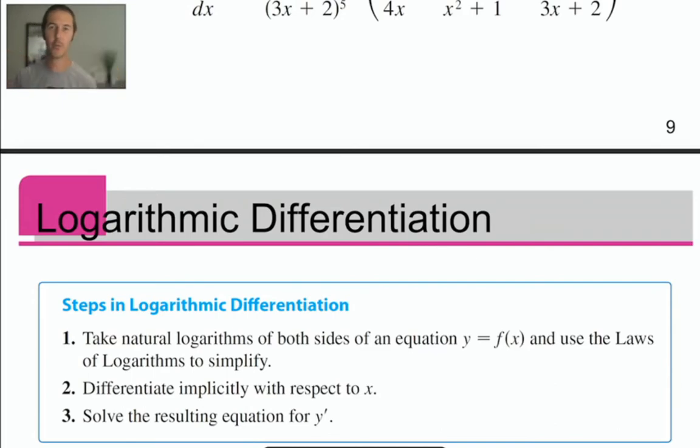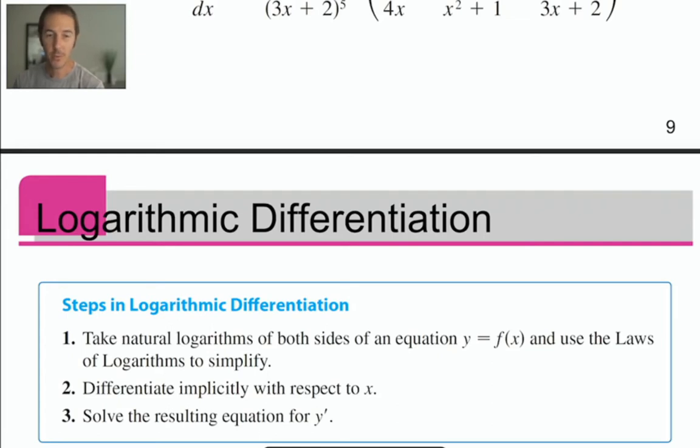You're tearing apart the right-hand side of that equation using the properties of logarithms, or the laws of logarithms, as it says here. And then we use the rule that we learned at the beginning of this lesson about how to take the derivative of the natural log of either x or a function. The derivative of a natural log of a function equals 1 over the function times the derivative of the function.